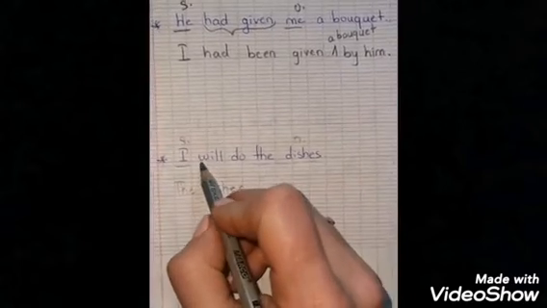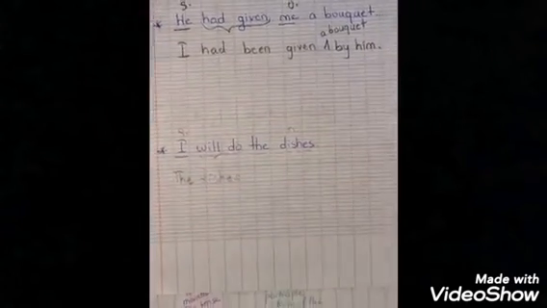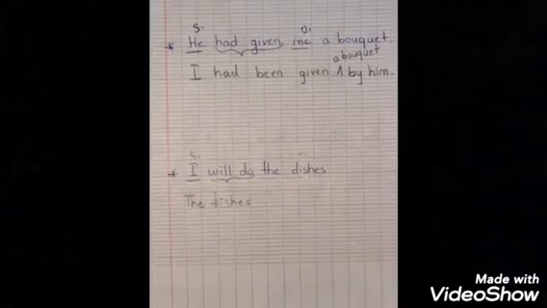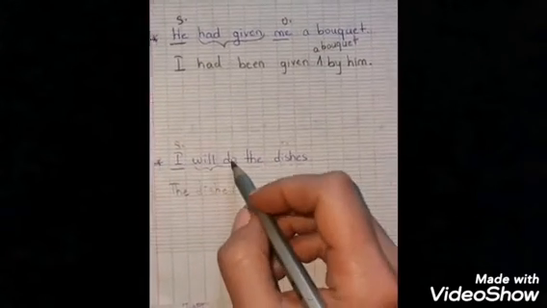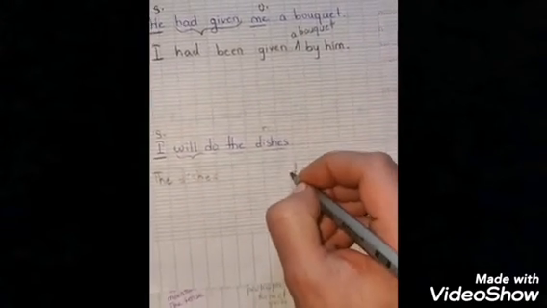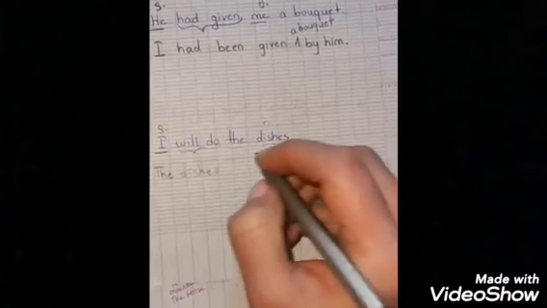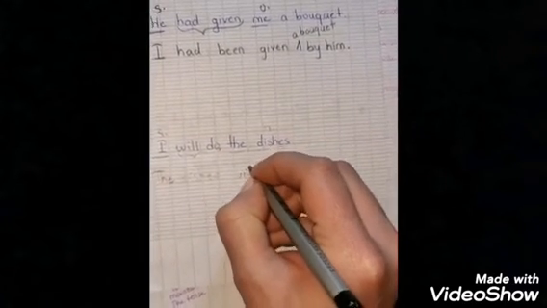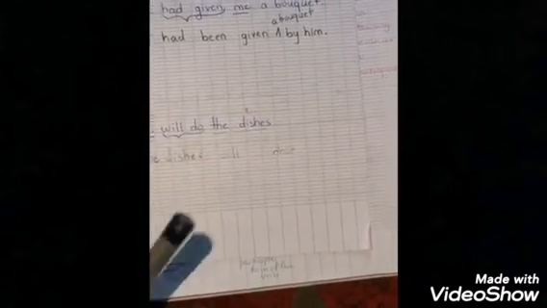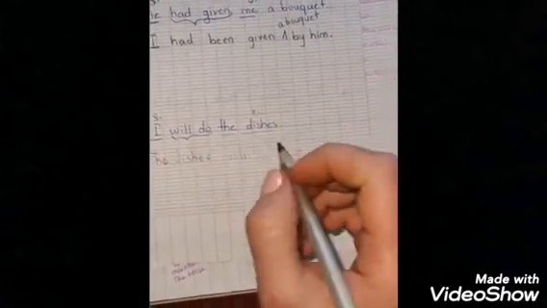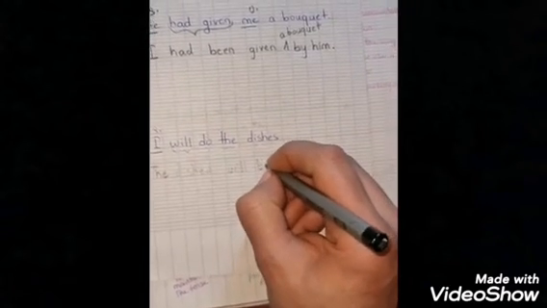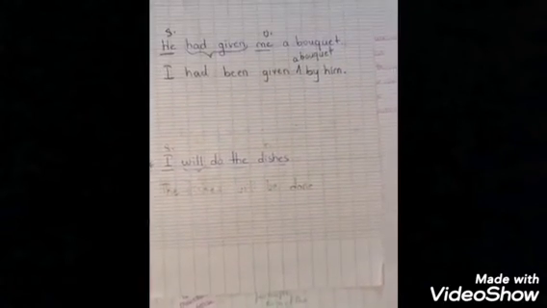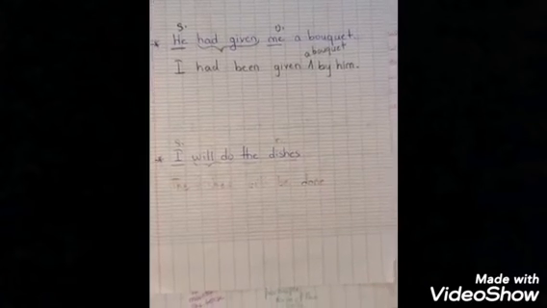So let's change will do to the passive voice. So simply do becomes done in its past participle form, and I simply maintain the verb, but the dishes will done doesn't make any sense, so it needs a supporting verb here, which is be. So the passive form becomes the dishes will be done.